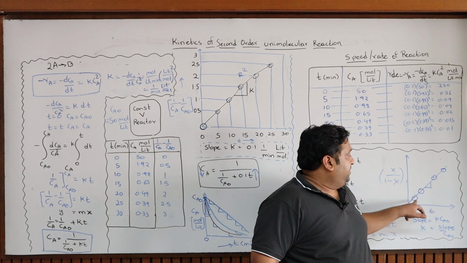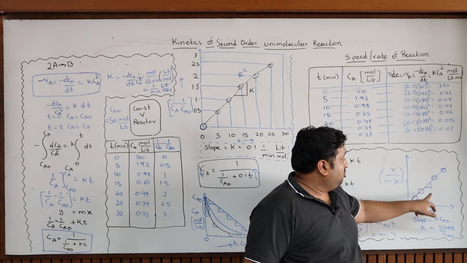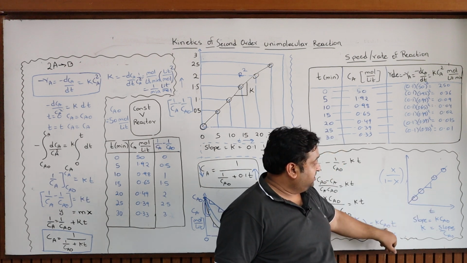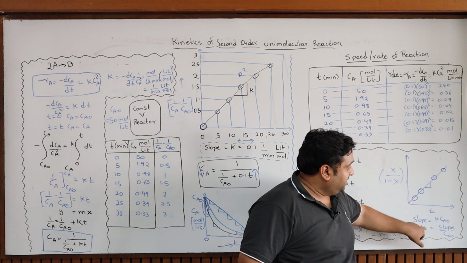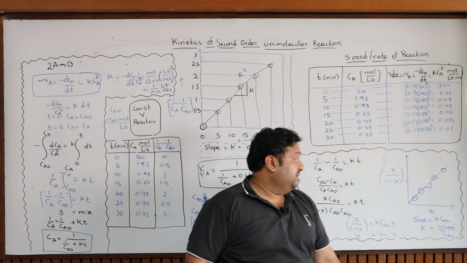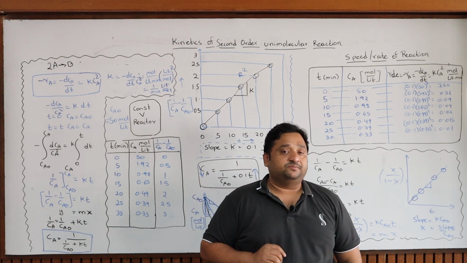The slope from this graph is nothing but K times Ca0. If slope is equal to K times Ca0, then K is nothing but slope by Ca0. In this way also you can get the rate constant of a reaction.